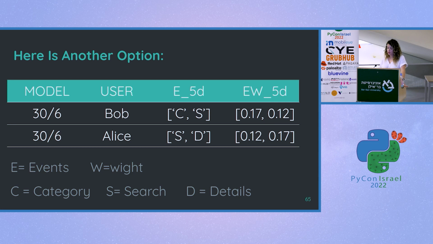In this case, Bob went to a website of categories, and then he searched, and we have an array of weights. And for Alice, we have another array: she first searched and then details, so we have the event weights of search, and then the weights of the details.